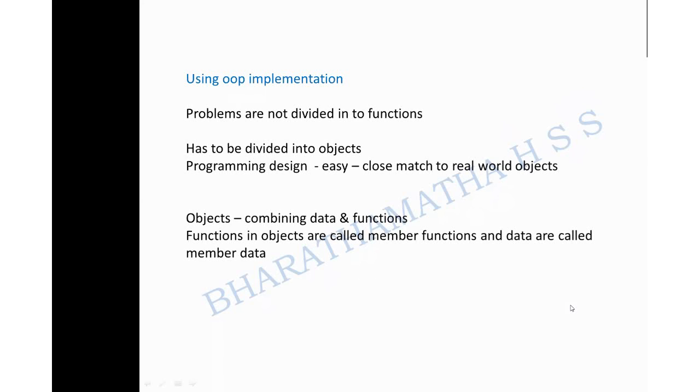Here it is slightly different, in the sense that we are going to construct all these functions and your data inside your object. That is why we call them member functions and member data. Is this part clear for you?